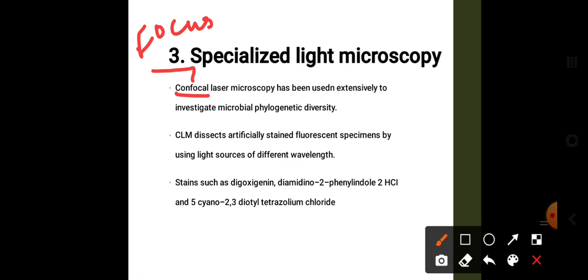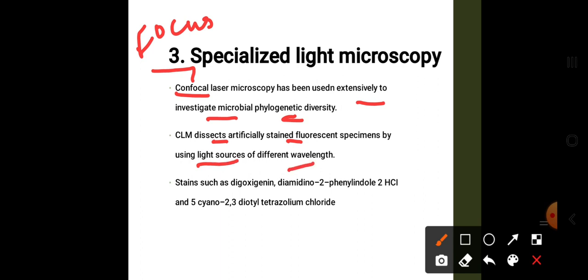It has been used extensively to investigate microbial phylogenetic diversity. The confocal laser microscope dissects artificially stained fluorescent specimens by using light sources of different wavelengths.